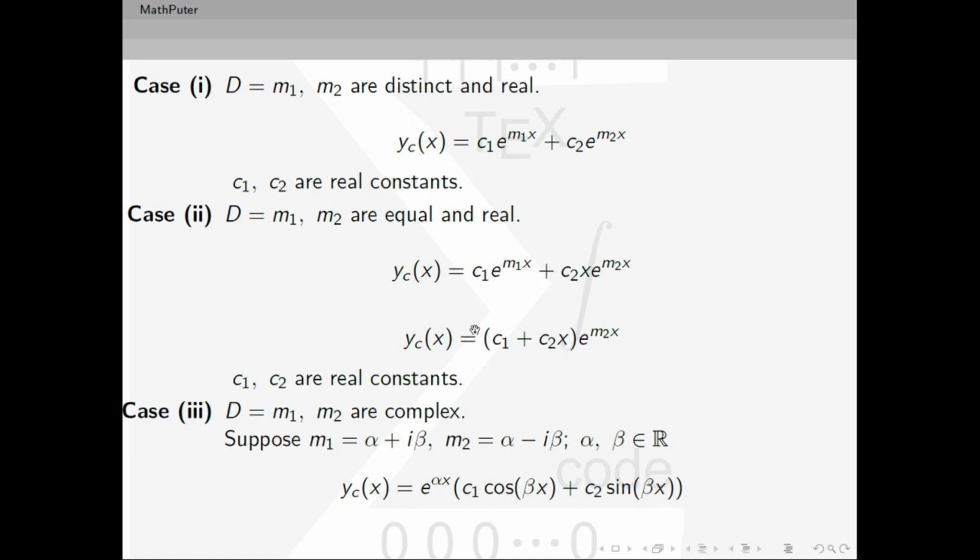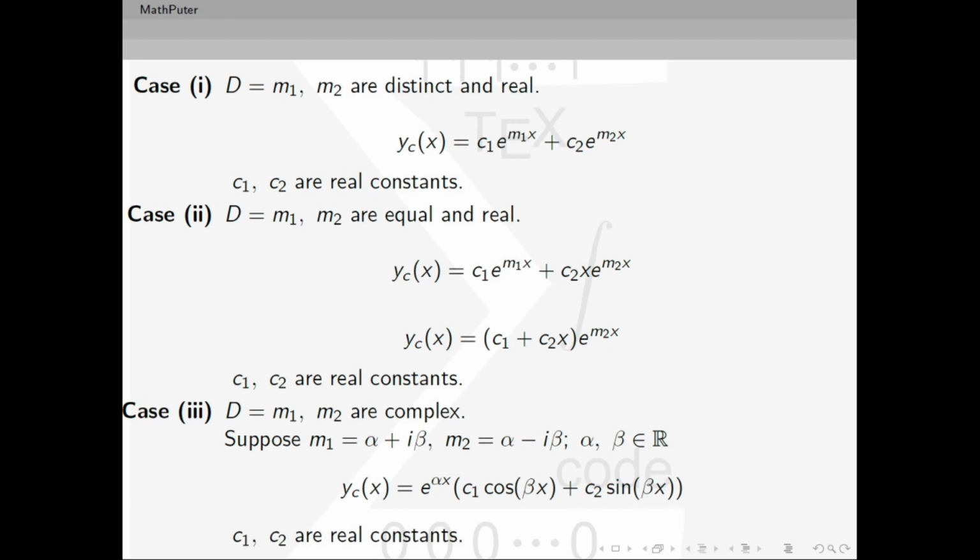In the next example, this case will be more clear. For complex roots, the real part becomes the power of the exponential, e raised to alpha x, and the imaginary part appears in the trigonometric functions, c1 cos beta x plus c2 sin beta x. In all these three cases, c1 and c2 are real constants.